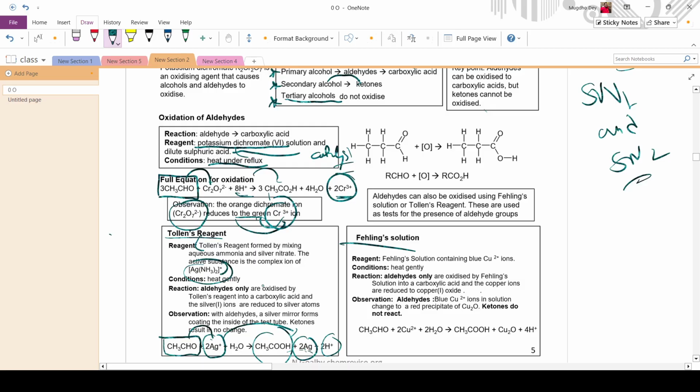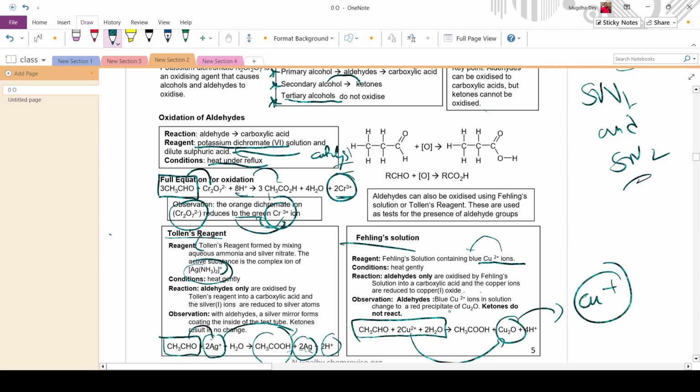That's what I'm trying to say. Nothing else. And if I talk about Fehling solution, it contains Cu2+ ions. Now we know Cu2+ ion is blue in color. Look at the reaction. When it reacts, Cu2O is produced, like from Cu2+ to Cu+.